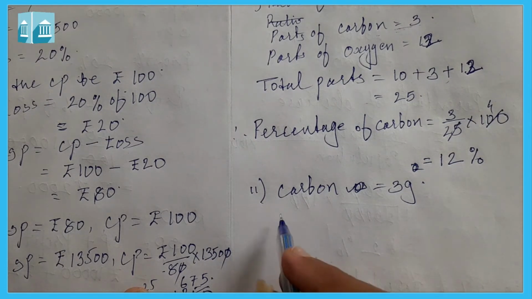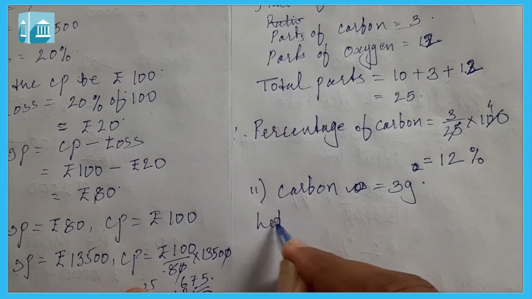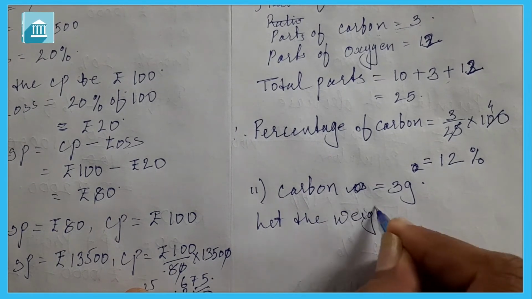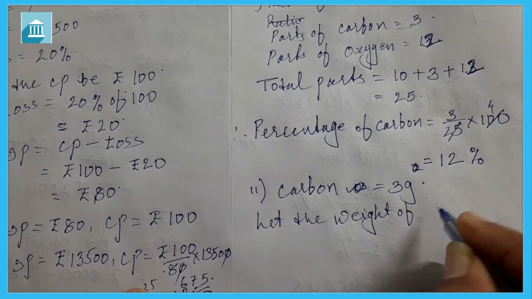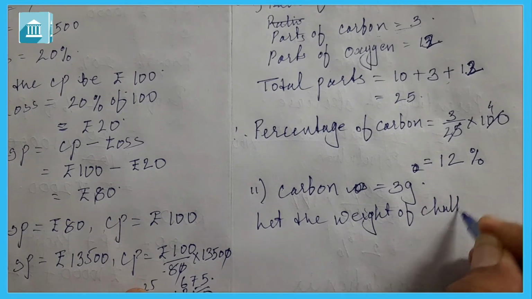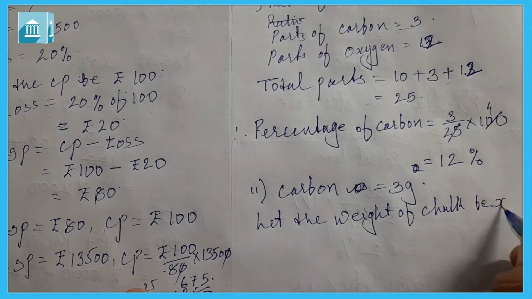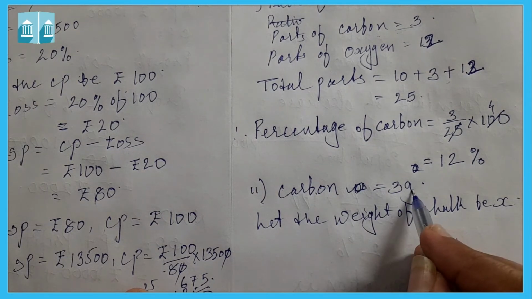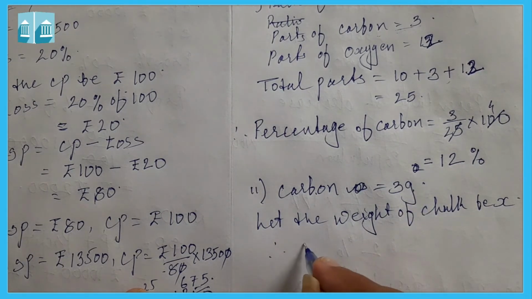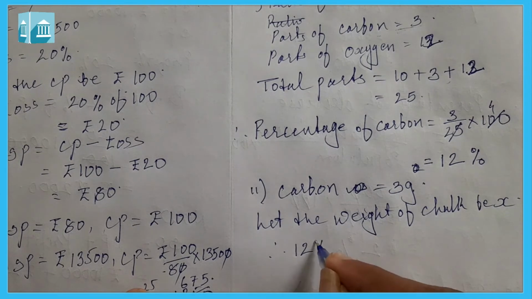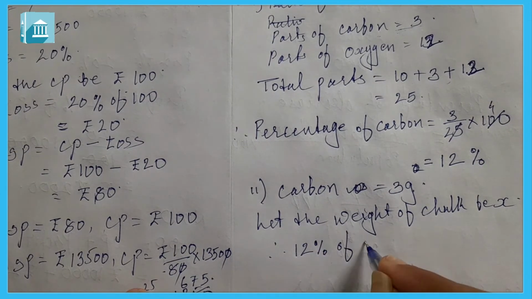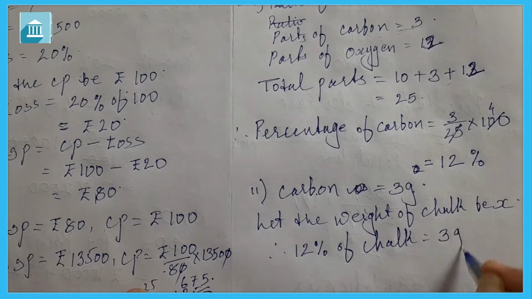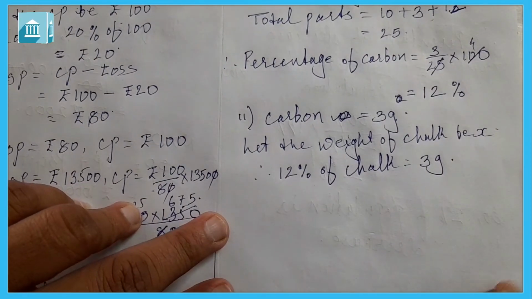Let the weight of chalk be X. Now it is given that carbon is 3 grams, so we can say that 12% of chalk is equal to 3 gram.